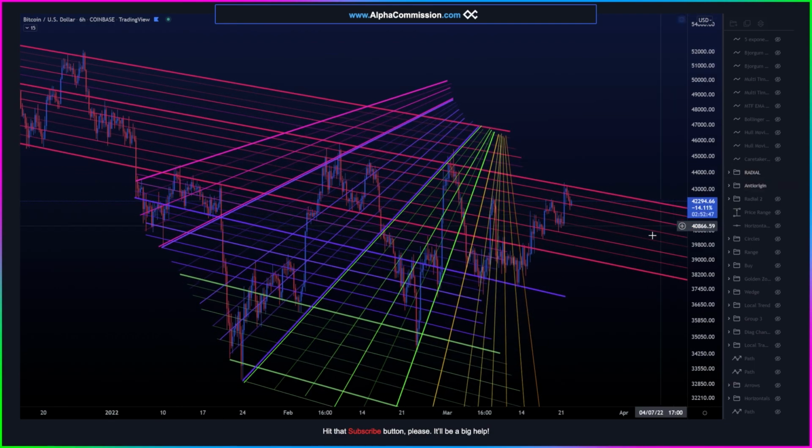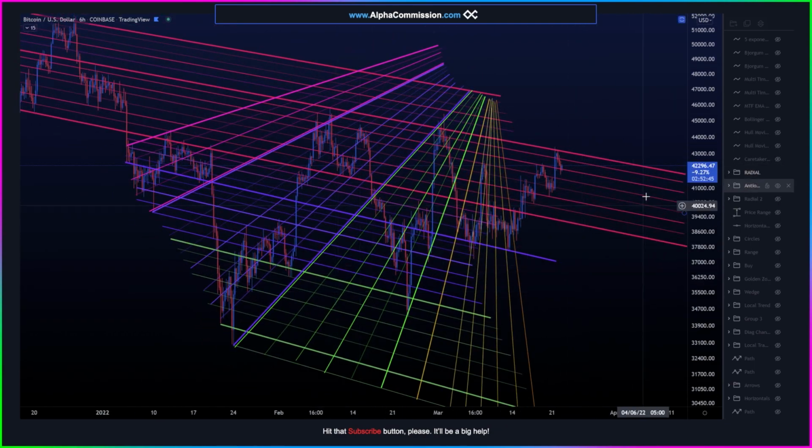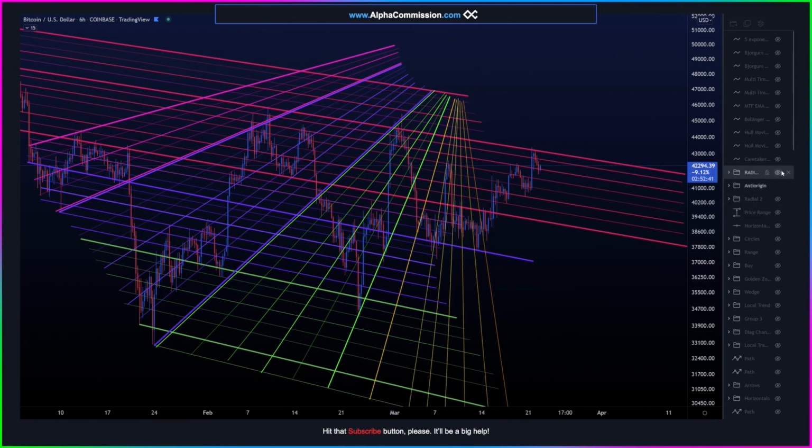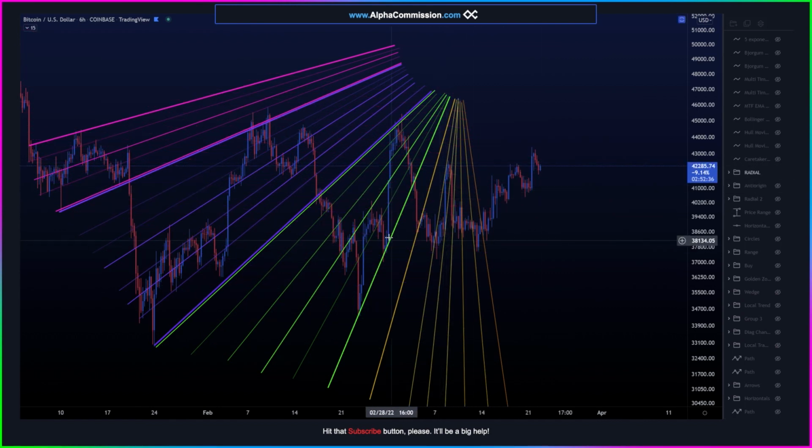But your radials only last so long until you get so vertical. People are wondering why we were getting these huge vertical pumps. Well, we were getting trapped within these radials.